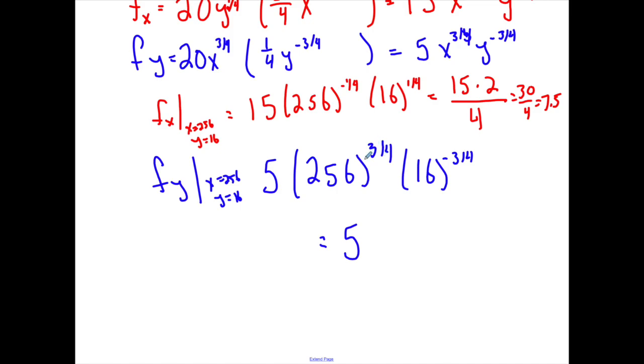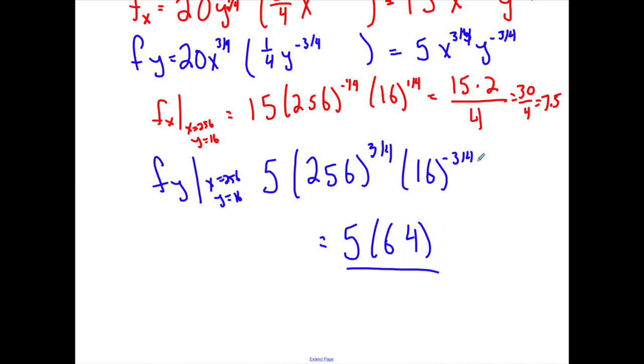So 256 to the 1/4 is 4, because 4 times 4 times 4 times 4 equals 256. And then this is essentially 4 cubed. So that would be 64. Because, again, the 256 to the 1/4 makes it the 4. And then this says to take that and cube it.